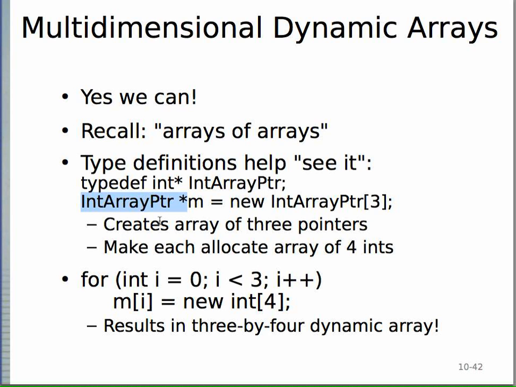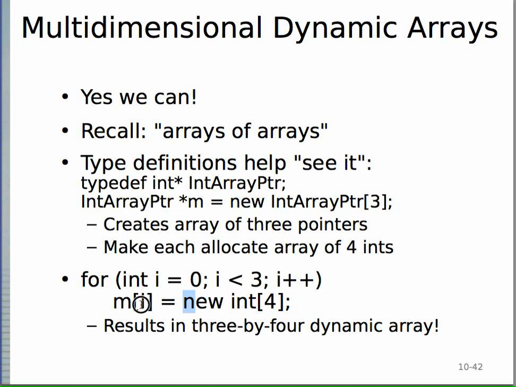You can think of M as a pointer to pointers, and you can think of these as the rows if you want, if that helps. You don't have to, but you can think of these as rows. So now you're saying you have 3 rows, or you can think of this as saying you have an array of 3 pointers. And for each row, you can have 4 columns. That's usually how we think about these.